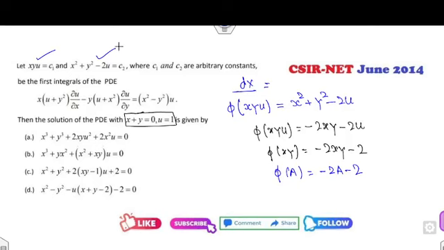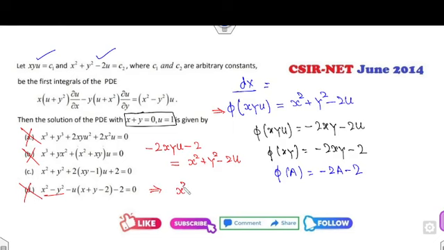Then you can substitute this value in the given curve. Phi is my minus 2xy u minus 2, which is x square plus y square minus 2u. So the first one is x cube, cancel out. x cube, cancel out. I have x square plus y square. x square minus y square cancel.